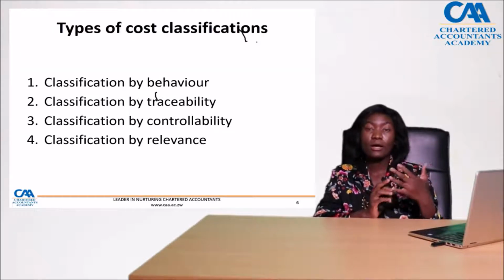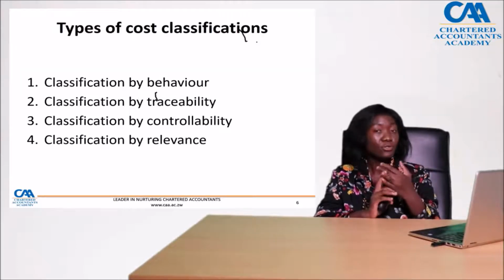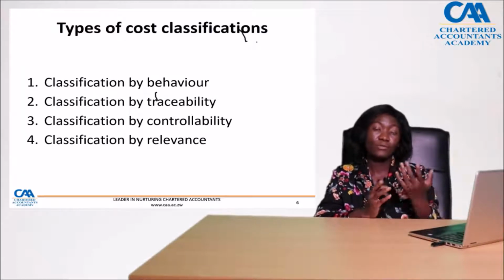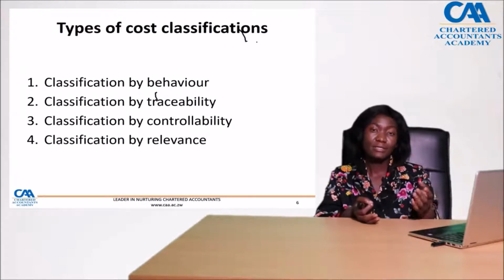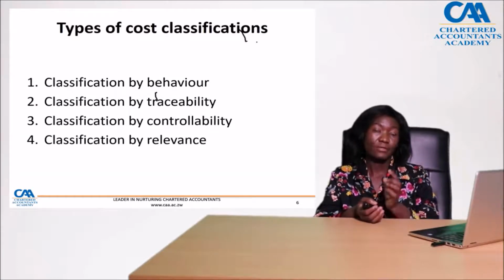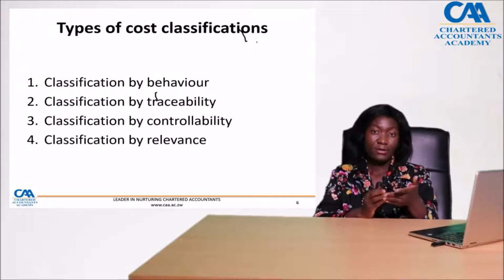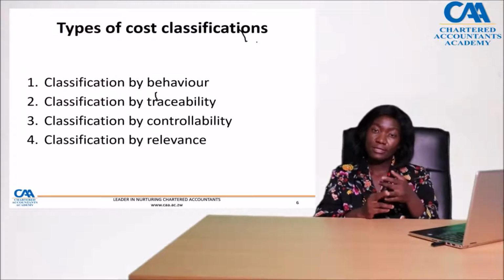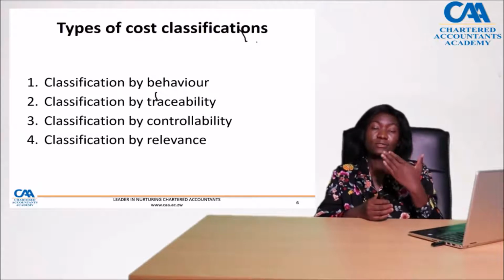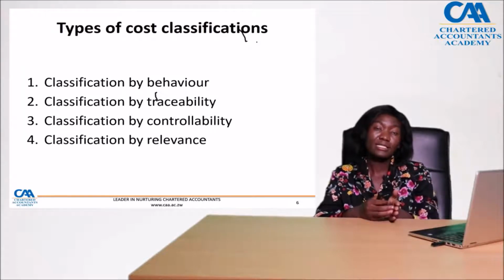Whether you use your phone or you don't, there is a certain fixed charge that you are supposed to pay. Maybe it's $10 that you pay for having that telephone line. From there onwards, any additional calls that you make are added on top of the $10. That is an example of a semi-variable cost.